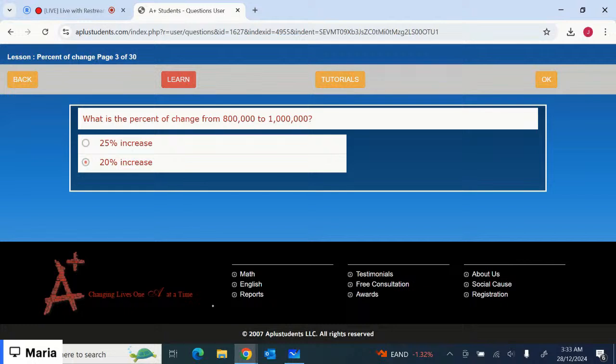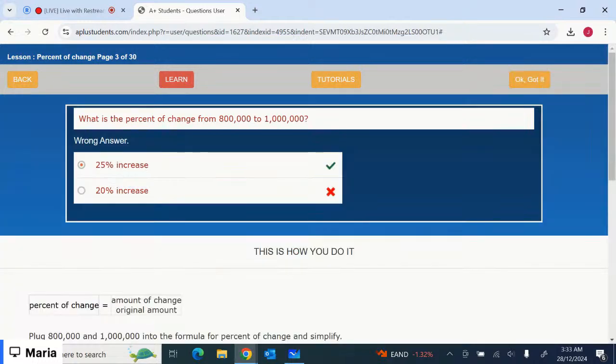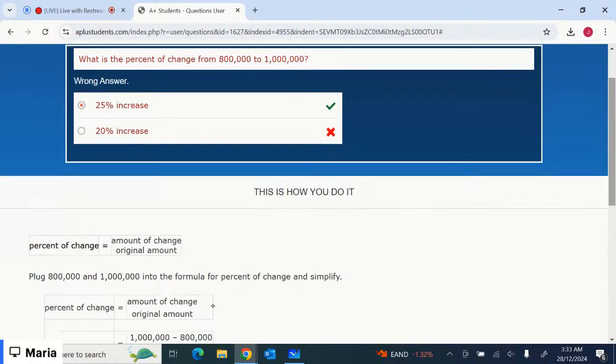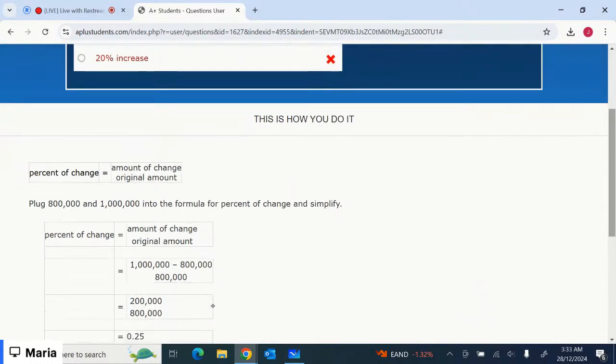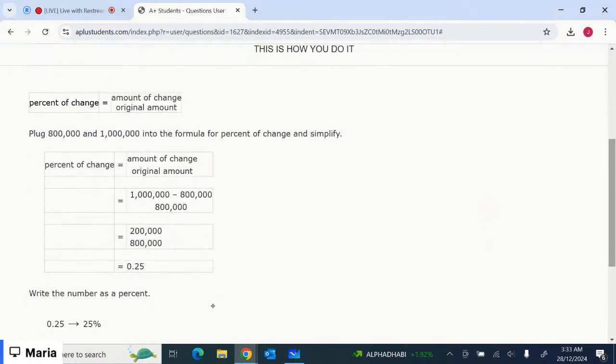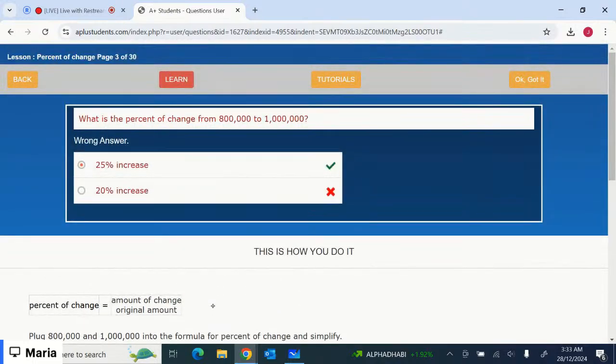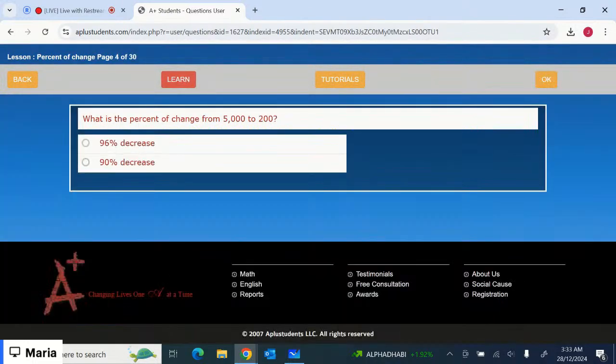That is 20% increase. Option number 2 is the correct option. Oh, 25% it is. That is from 800,000 to, that is 25% increase. Okay, got it.